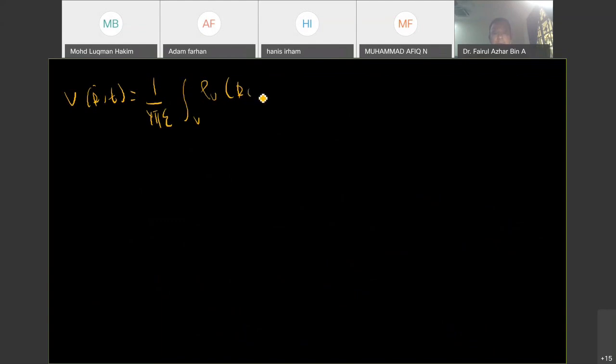So this one is a vector that represents direction and distance between our 2 points of potential difference. So T minus R prime divided by UP, this is our delay time, divided by R prime, dV prime. So this one is the potential difference in an electric field.